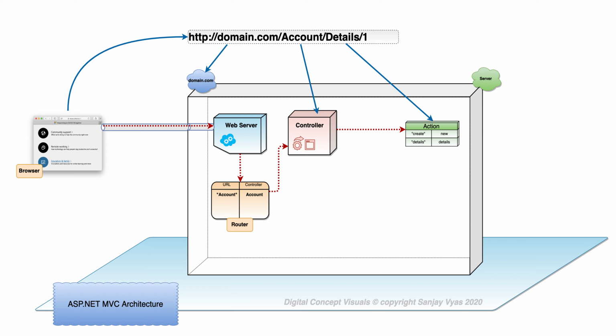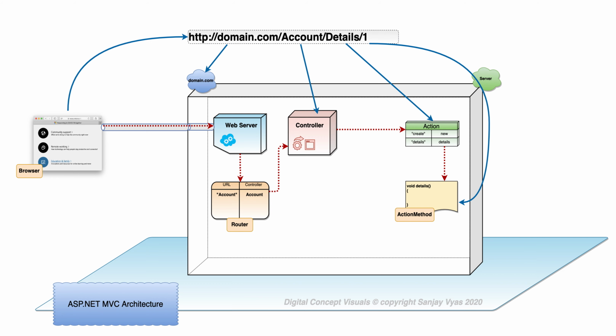Once it has been determined what needs to be done, it calls an action method. An action method is a piece of code which actually executes your request, and it is passed any parameters that you might have provided.